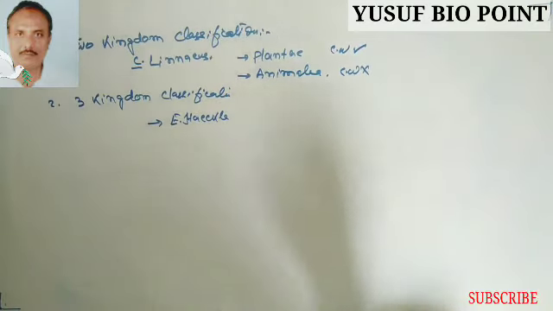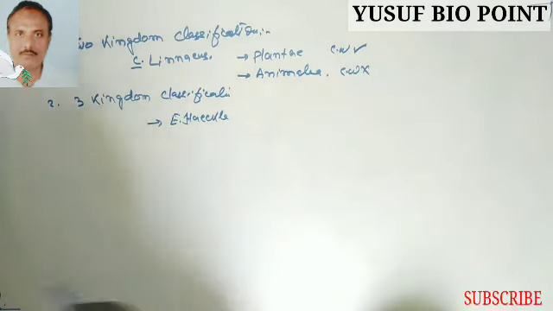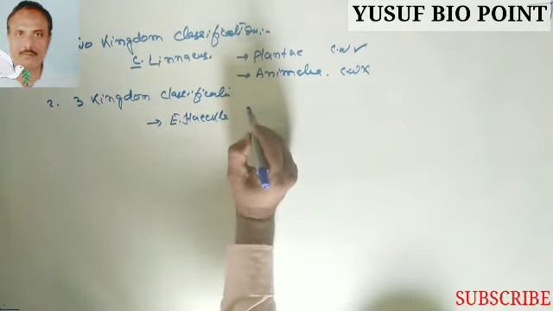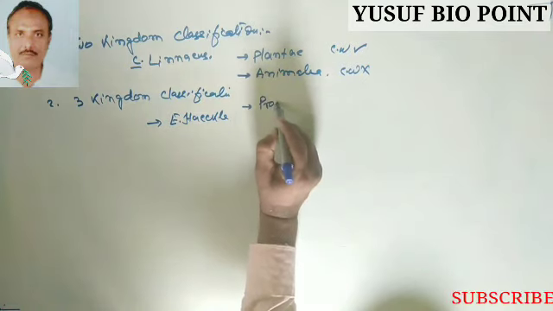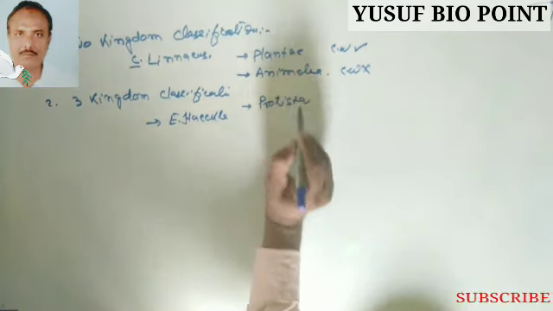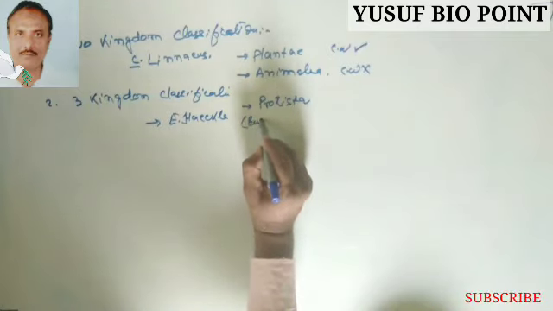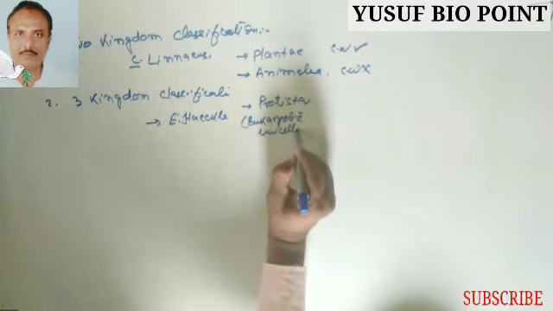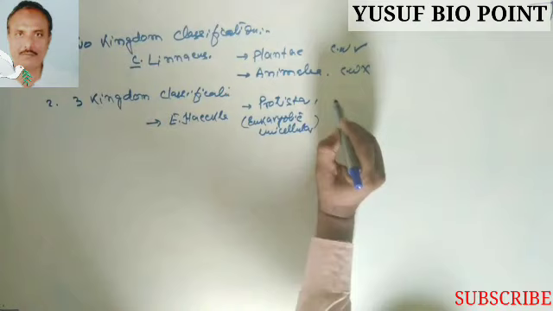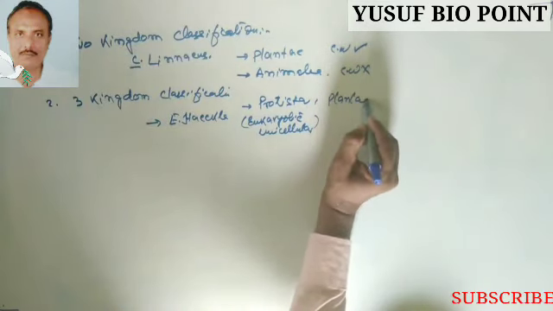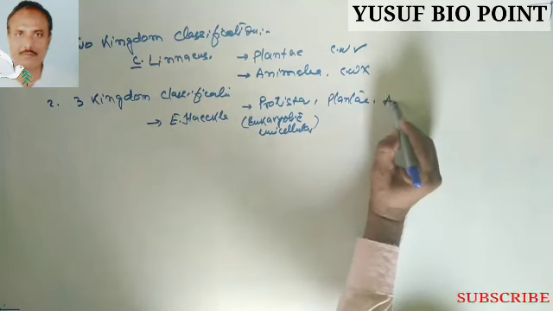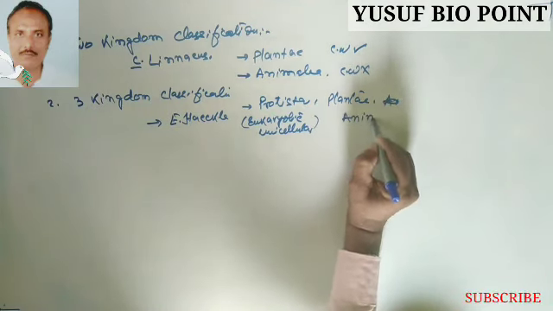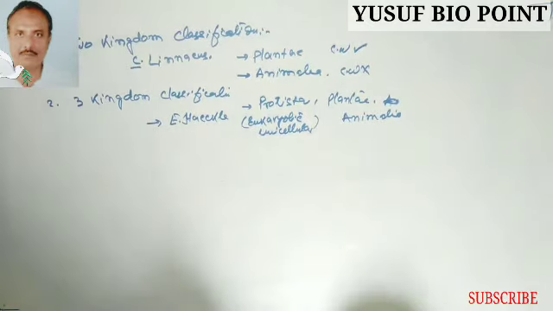He added another kingdom that is known as Protista, means eukaryotic unicellular. Next one Plantae, and finally Animalia. So three kingdoms are given. One is Protista, next one is Plantae, and third one is Animalia.